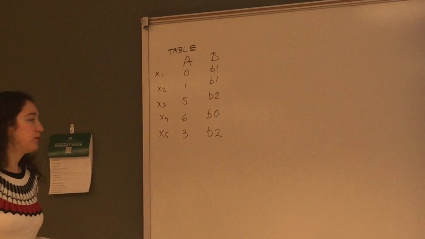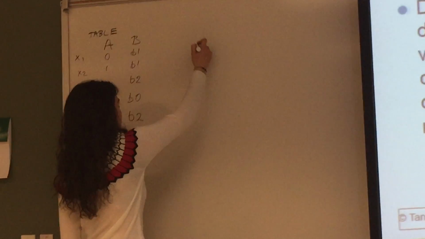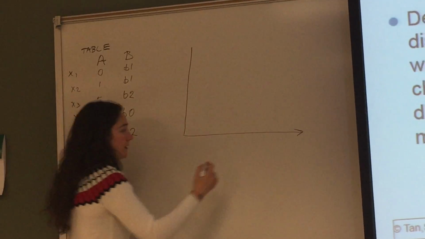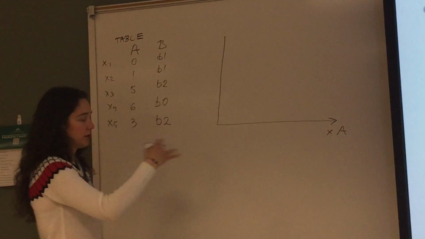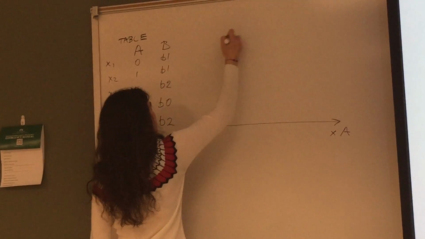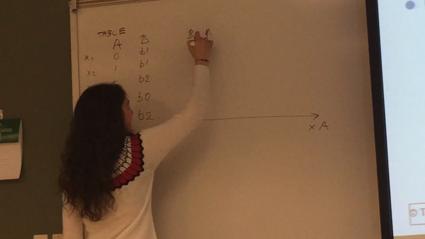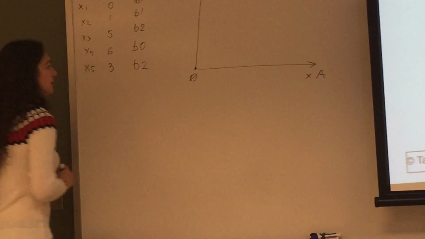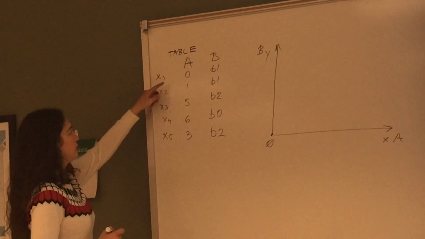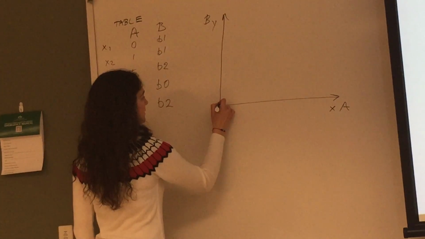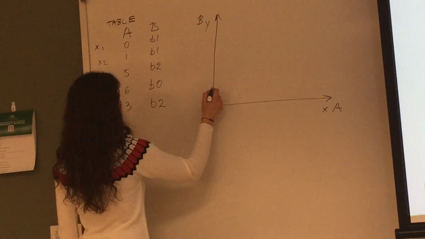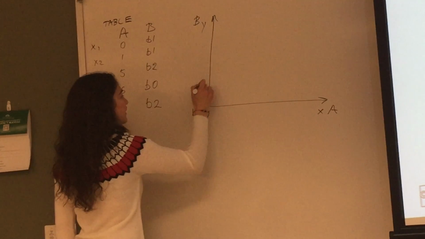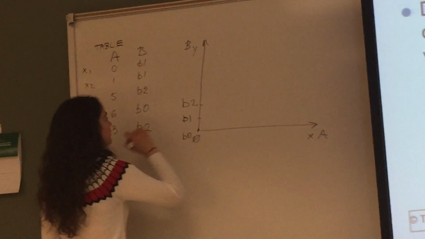So when we say plot the objects in space, we mean take the first attribute A, and the A will be on the x dimension, on the x-axis, and B will be on the y-axis. For B we will have B0, B1, and B2.